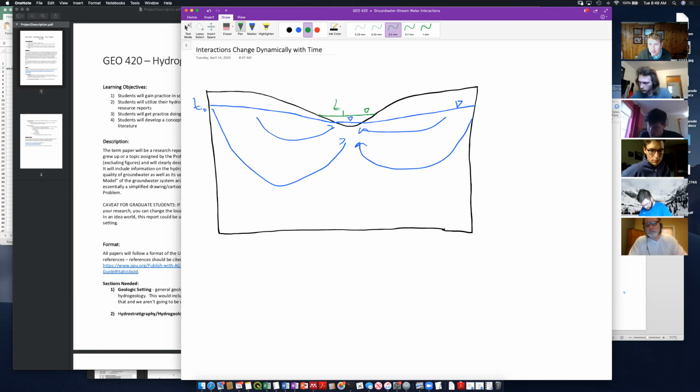What that does is move groundwater out into the banks. And we are creating right now a temporarily losing stream. So right now we've reversed the flow and we are moving water out of the stream and into the groundwater system.